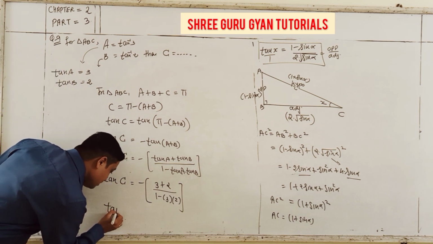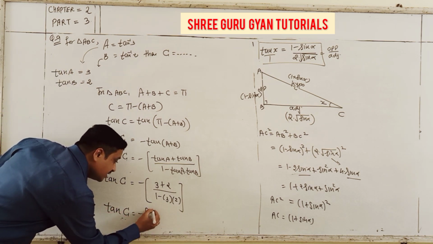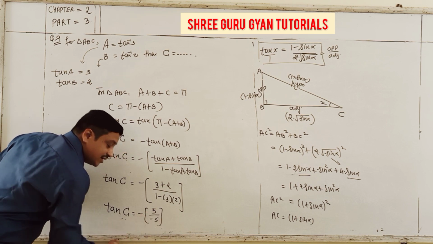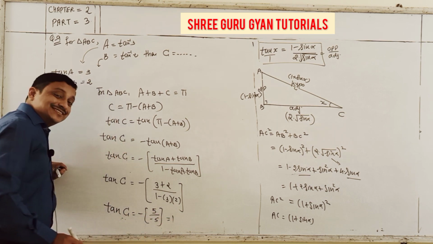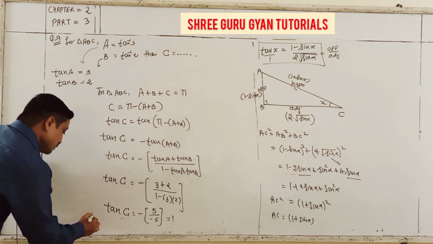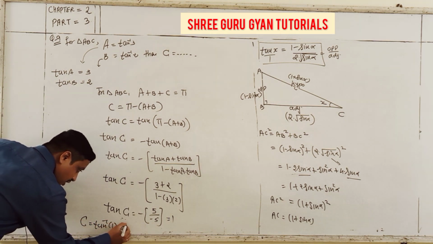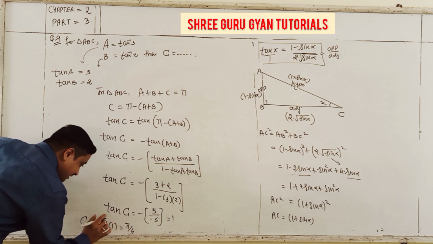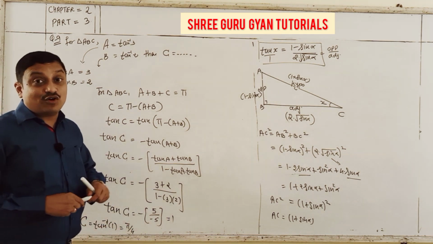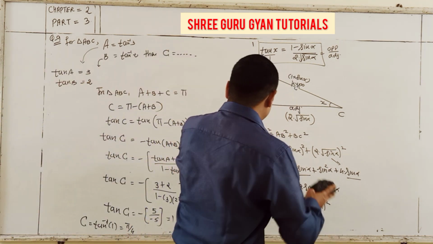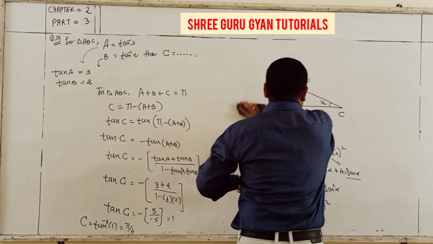So tan C becomes 5 by minus 5. In short, it is 1, minus minus plus. So C becomes tan inverse 1. In short, I am telling this answer is, students, only and only 45 degree. Yes, that is pi by 4. And that's my answer.